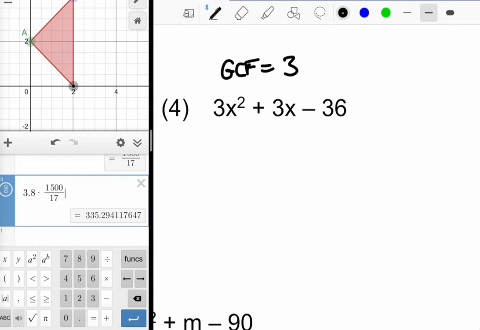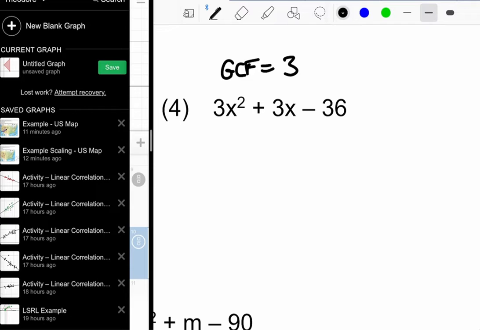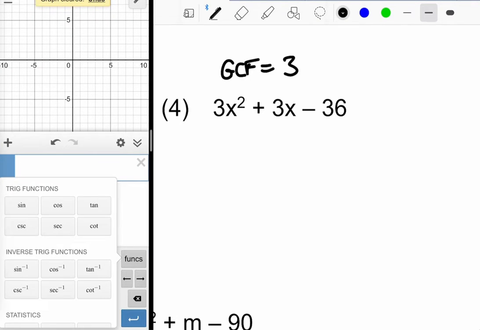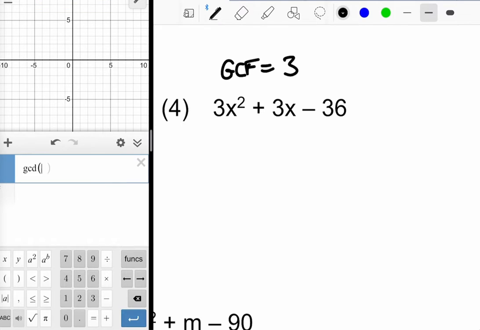So we're good. Now, if you don't recognize that, or maybe the numbers aren't quite so simple, then you could go to Desmos or the TI calculator and use the GCD technique. So function, scroll down to GCD, take the 3 and the 3. You probably shouldn't need a calculator to do that.